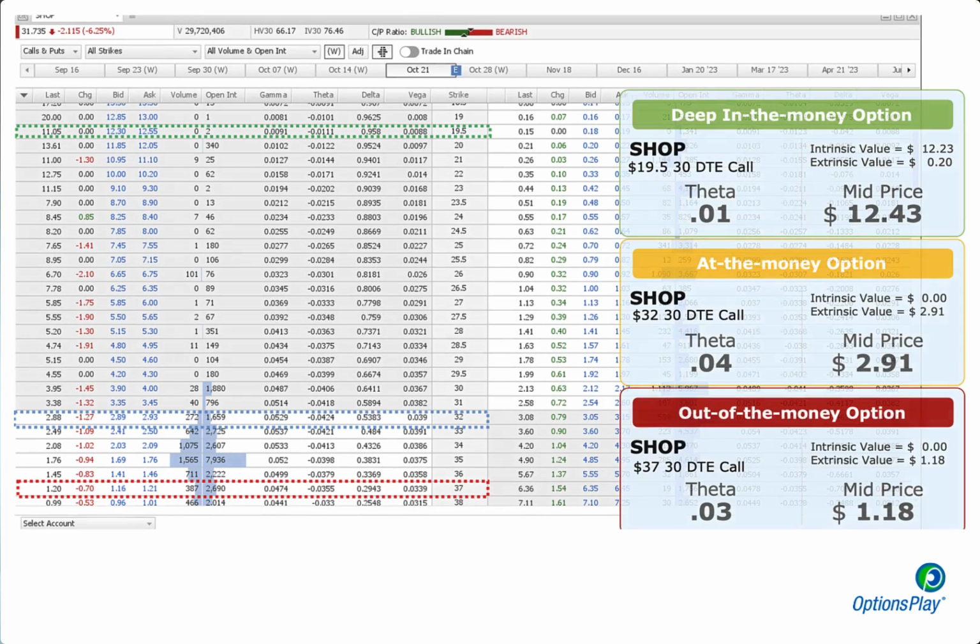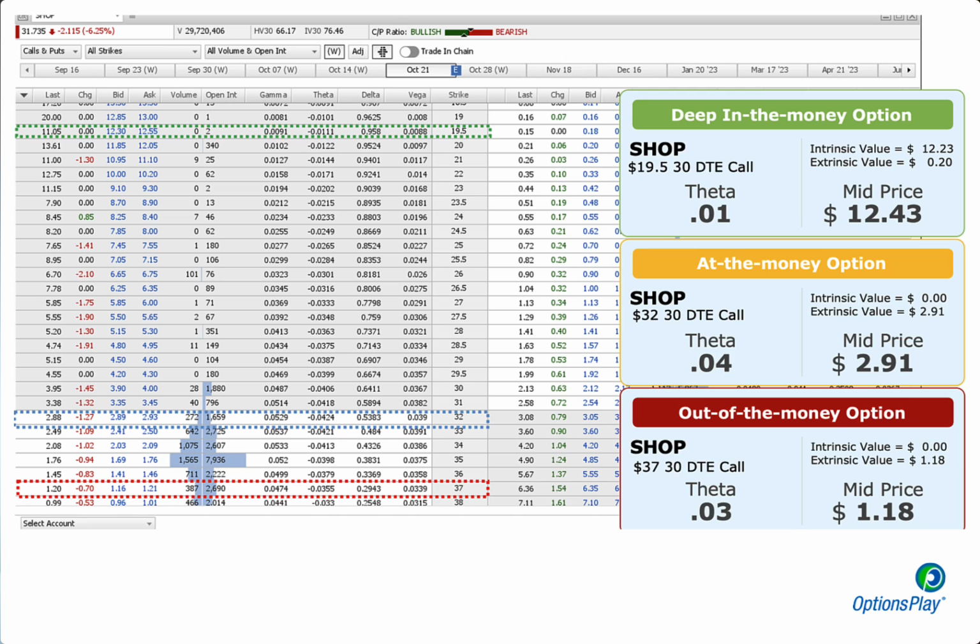Let's look at the same option chain of Shopify, and what you'll notice is theta is centered around at the money options. So theta doesn't only represent time value, but it also represents extrinsic value of the option. And that extrinsic value component is centered around at the money options, or in other words, options that have the same price as the market.